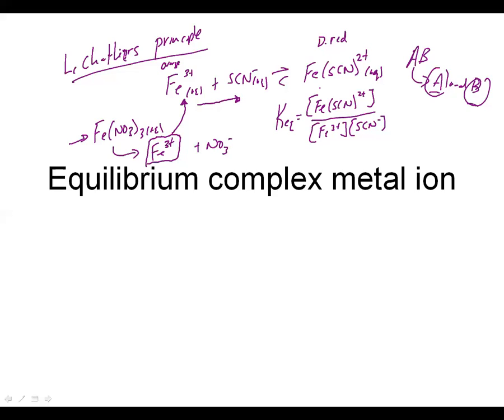Okay, so the next part of the experiment is one where we're going to be looking at the same reaction. I'm just going to flip the page here. And we're looking at the same equilibrium.